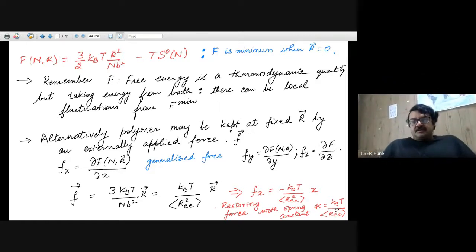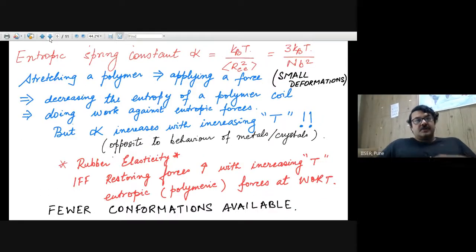With the spring constant kappa equal to kBT by the expectation value of Ree squared. So this kappa, this harmonic spring with the effective entropic spring constant, has this value, as you see.